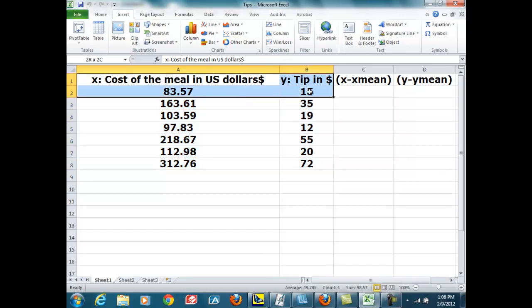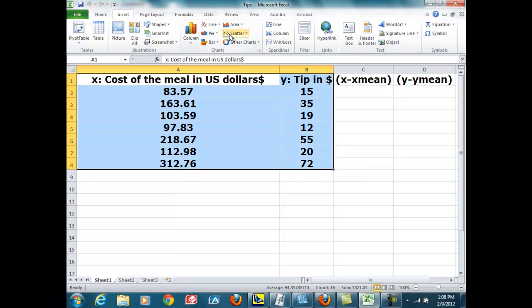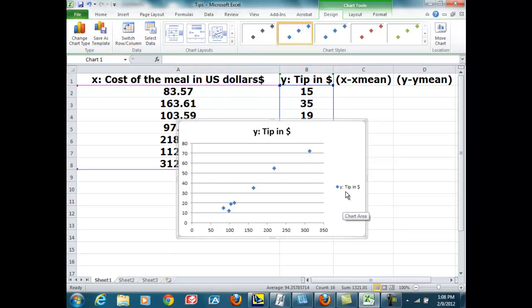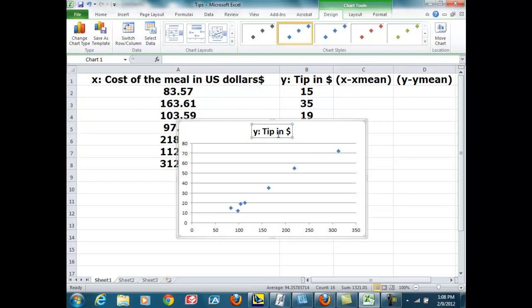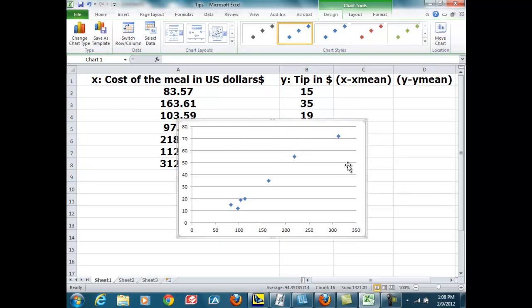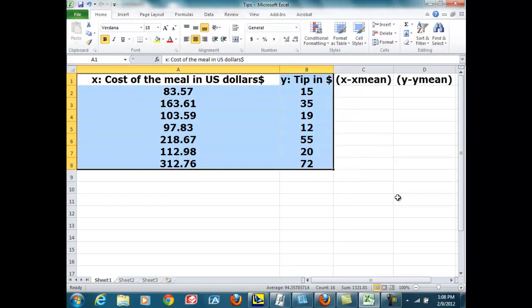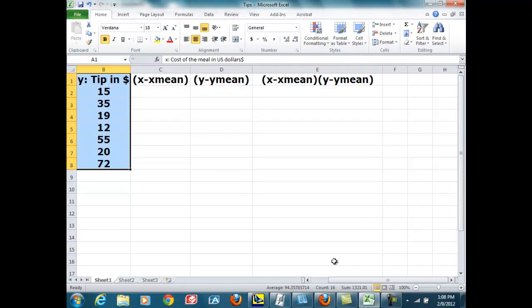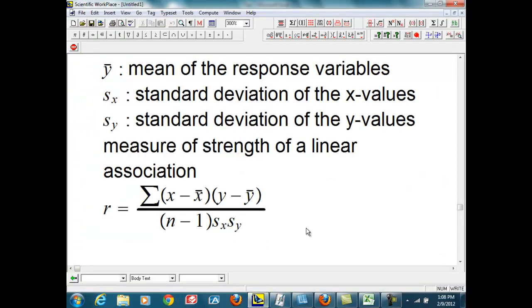So let's go ahead and plot them. When we plot them, what do you see? Positive association or negative association? A positive association, right? We will play with this in a few minutes. And we are going to do what?